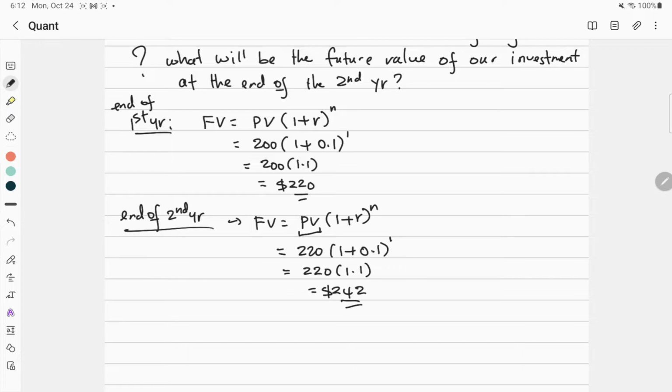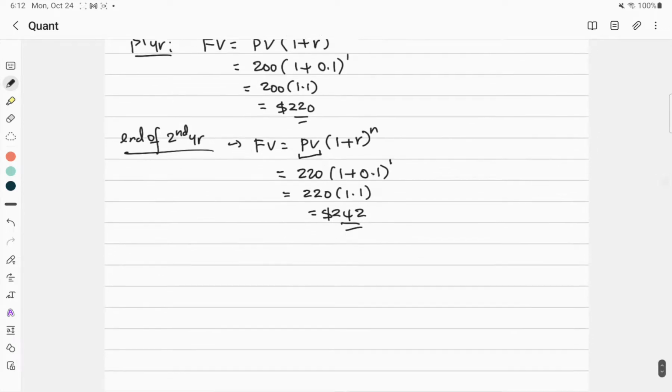Now, we calculated the future value at the end of the second year by calculating the future value at the end of the first year. What if we wanted to calculate the future value at the end of the second year without calculating the future value at the end of the first year? We can do that.